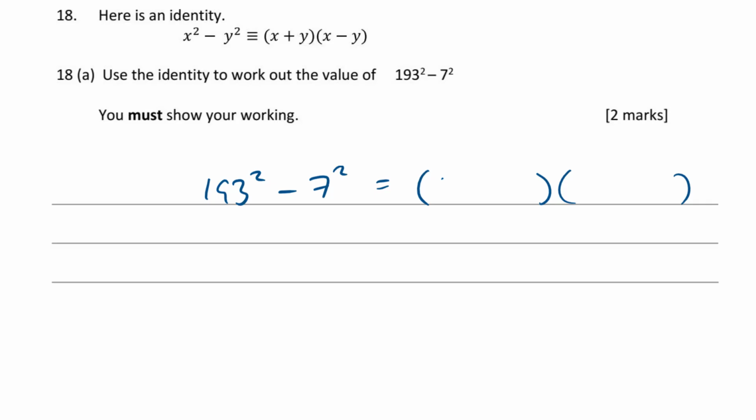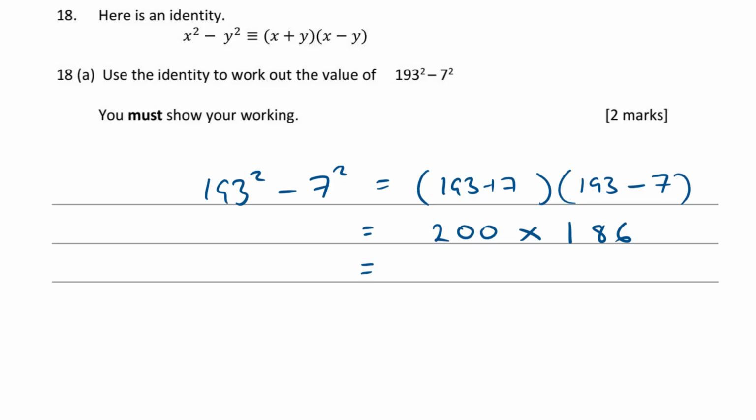In other words, 193 plus 7 times 193 subtract 7. Okay, so 193 plus 7 is 200, and 193 subtract 7 is 186.